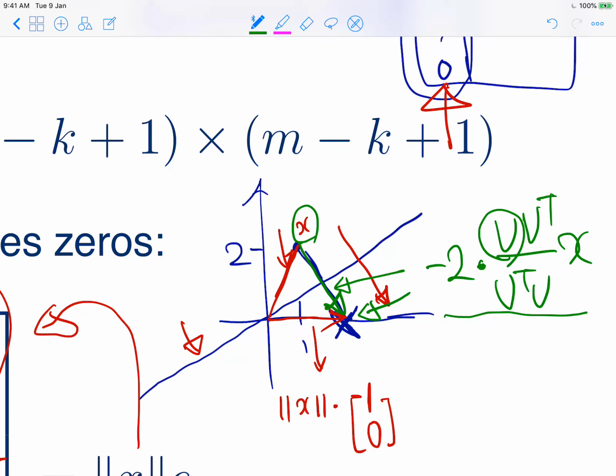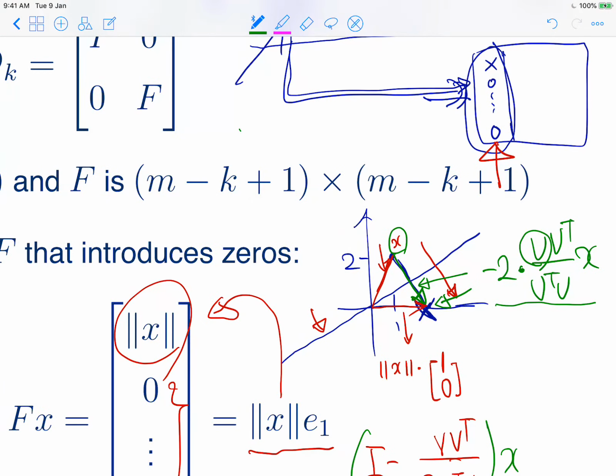And how can we obtain this vector v? Simply, this vector v can be represented as the difference between the vector x and the resulting vector after the reflection. Okay.